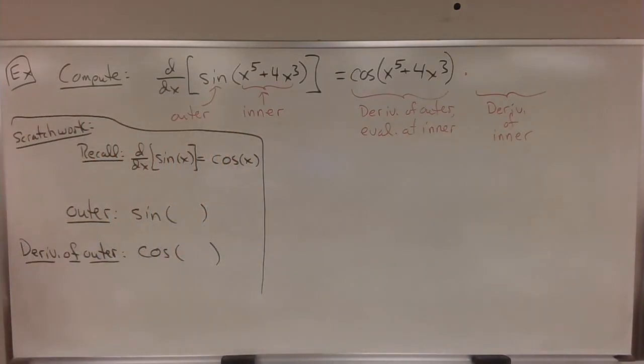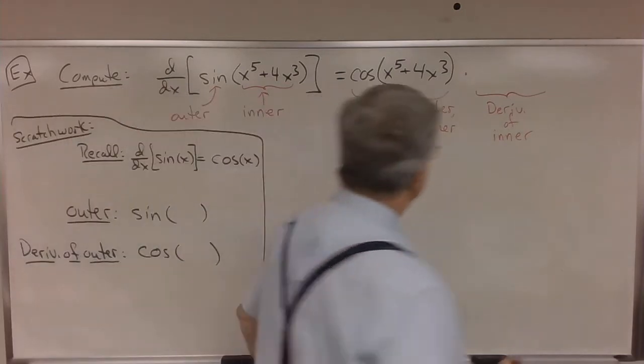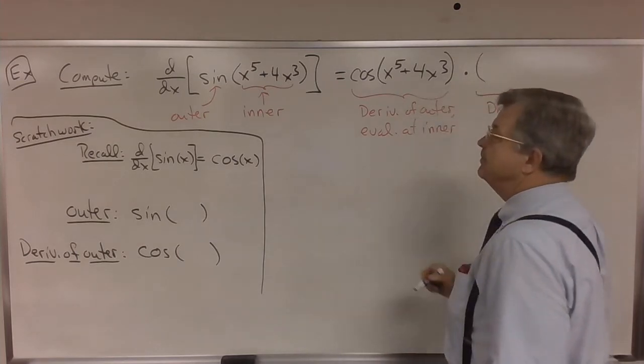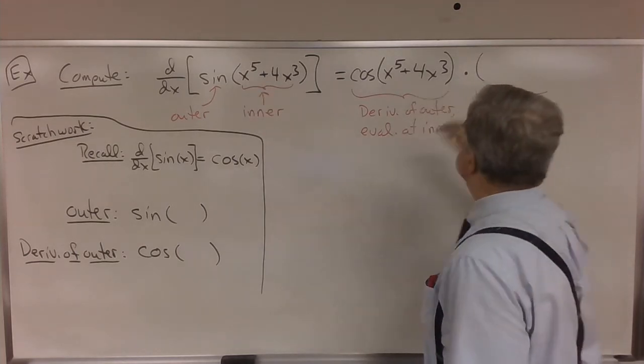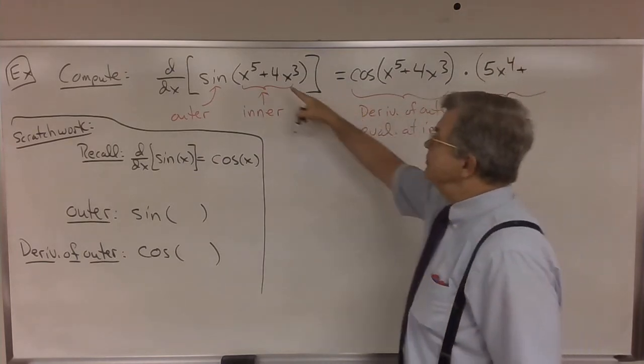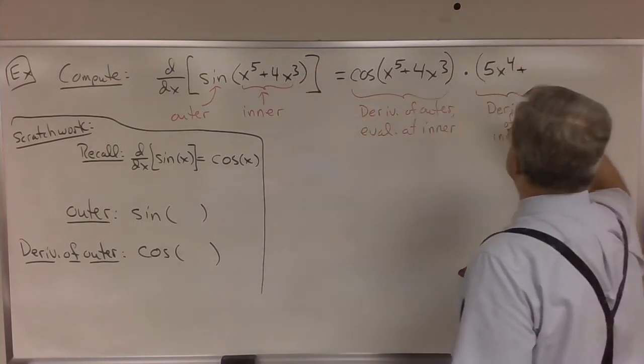That's great. And then we multiply by the derivative of the inner function, 5x to the fourth plus 4x cubed.